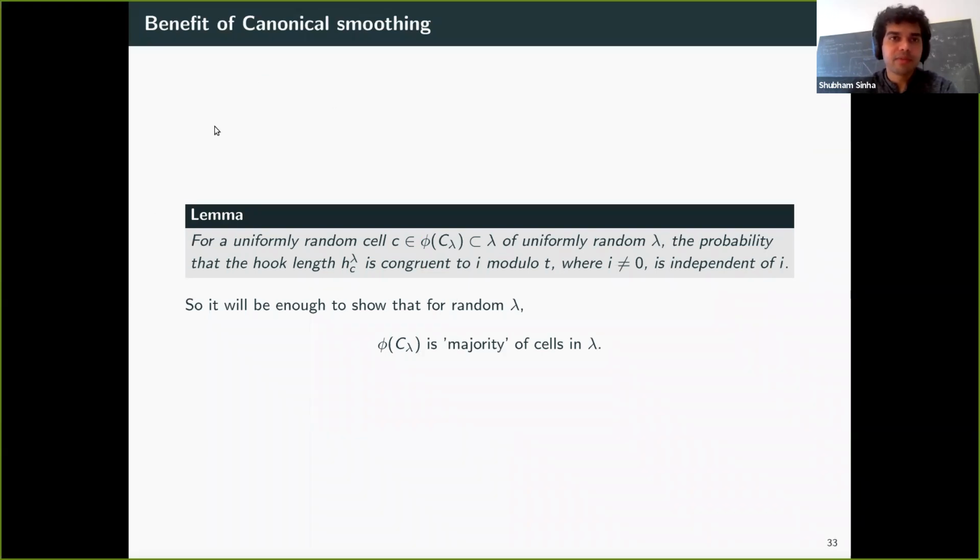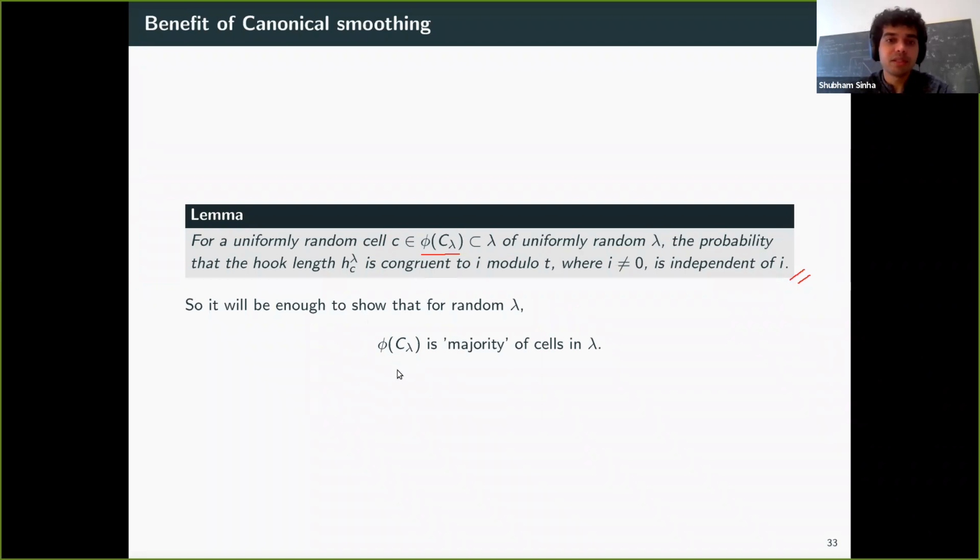So the benefit of doing this canonical smoothing in our case is that for uniformly random cells C in the image of this canonical smoothing, we saw earlier that the hook length does not depend on the modulo class, like the probability of hook length being I mod t. This clearly translates because phi does not change the congruence classes, sorry, modulo classes.